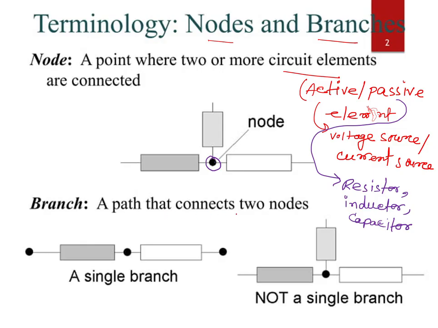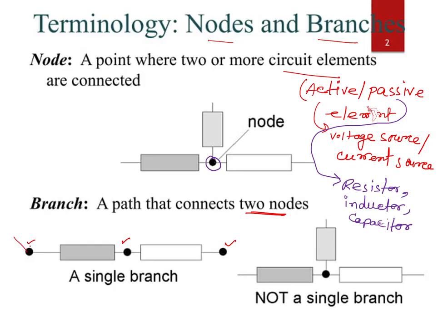Now what is branch? A path that connects two nodes, something like this. This is suppose one node, this is one node, and this is one node. Okay, one node means you may ask there is no circuit element connected, but suppose there are some elements connected here.